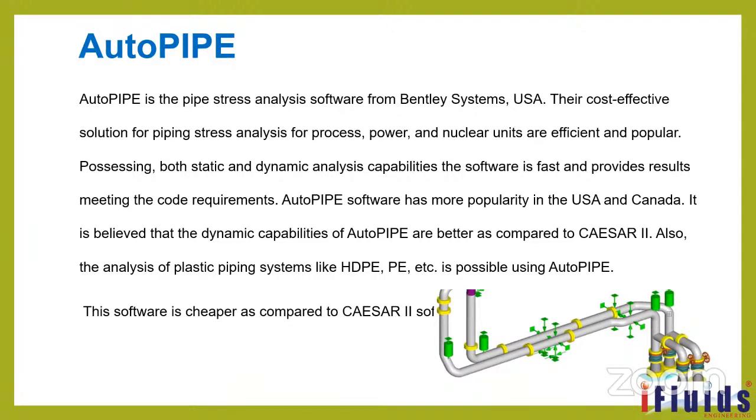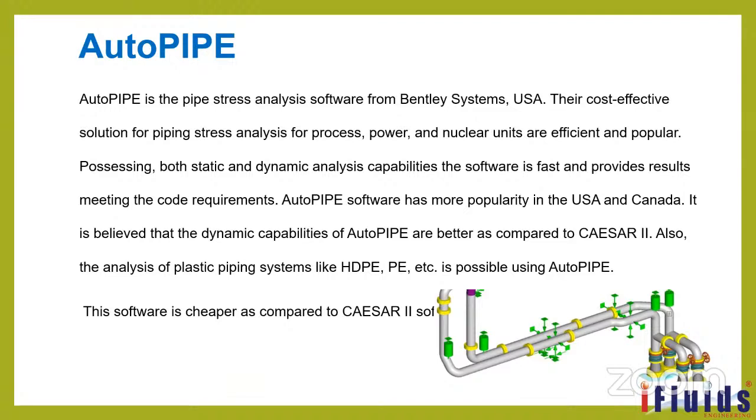Like Caesar 2, we can do both static and dynamic analysis in this software. AutoPipe is more popular in USA and Canada, and compared to Caesar 2, the dynamic capabilities of AutoPipe are better.